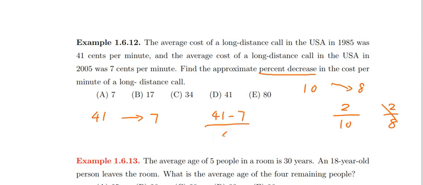So divide by 41. The key point is to divide by 41, not divide by this 7. Okay, so I think for this percentage we don't need to calculate exactly. We say this number is quite big, so the percentage should be 80. We should choose this 80.